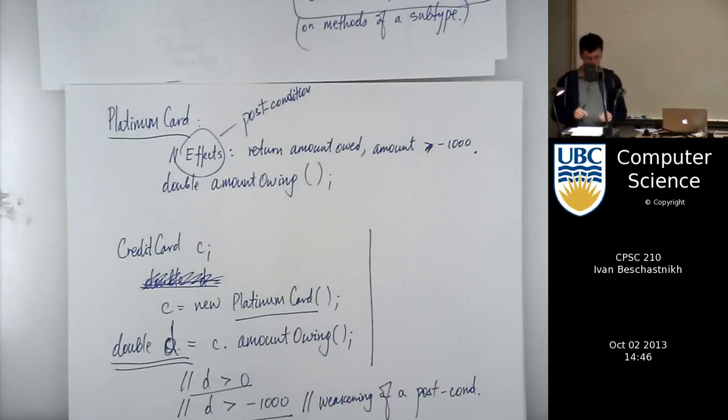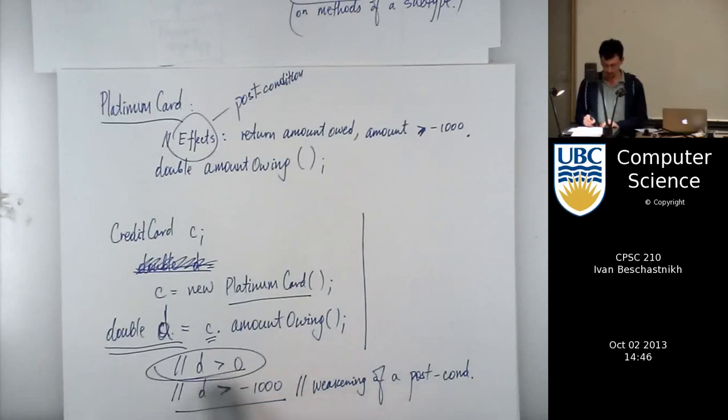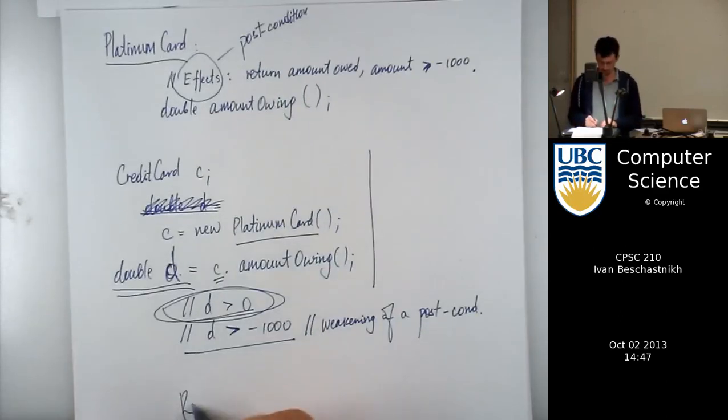It's a problem because when I get this D back, I'm treating C as a credit card, and what I really want to make sure is that D is greater than 0. But I can't guarantee that with this new specification for amount owing on the platinum card, because now my D can be negative. So this leads us to rule number 2 of substitutability.